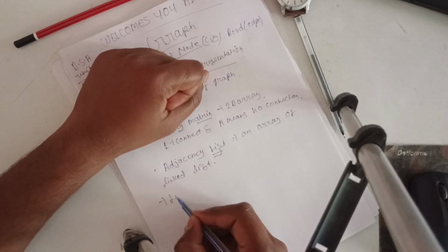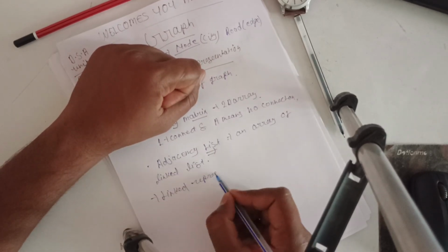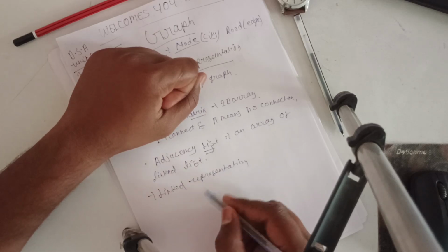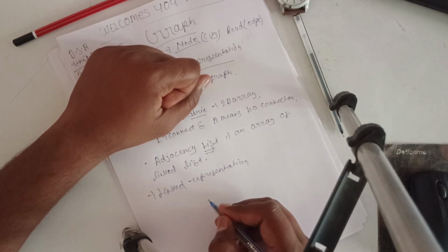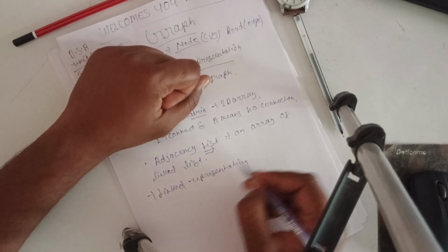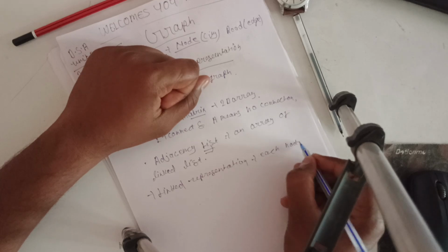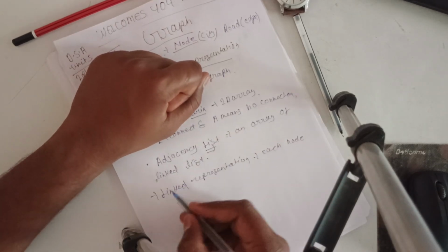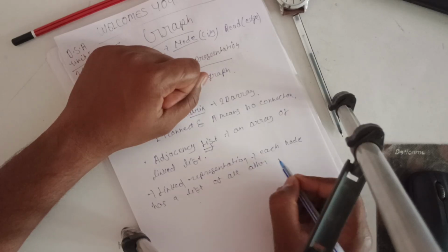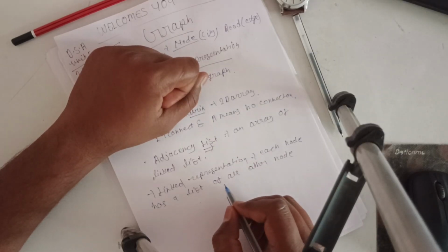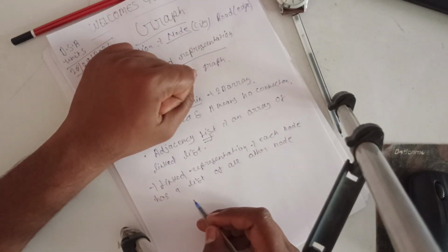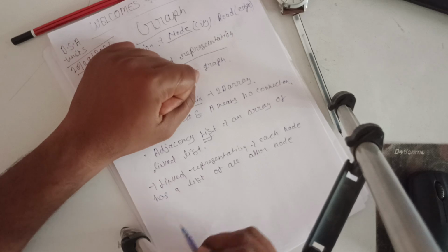Now what is linked representation? Basically linked representation of graph: each node has a list of all other nodes it is directly connected to.